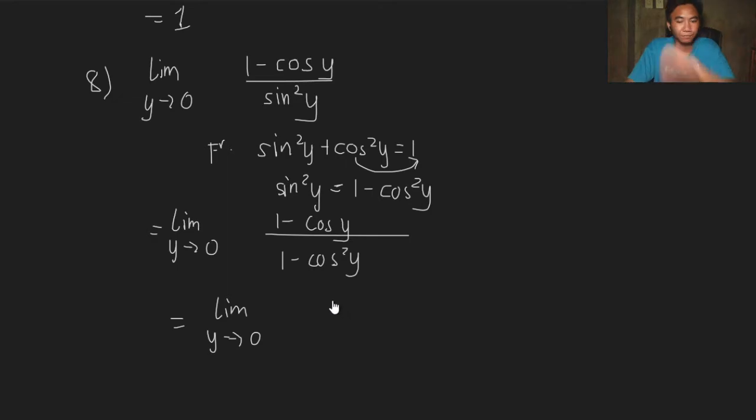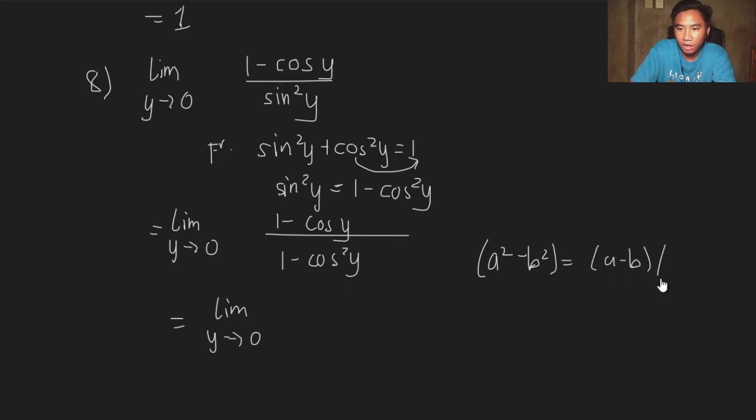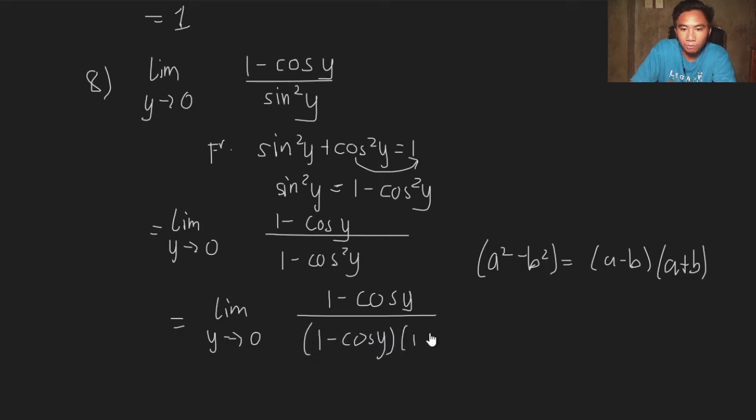Paano na yan? So, next is, we know that a squared minus b squared is equal to a minus b times a plus b. So, we're gonna use that. Ang gagawin natin is 1 minus cosine y, copy lang yung numerator. Ito naman is same as 1 minus cosine y multiply to 1 plus cosine y.